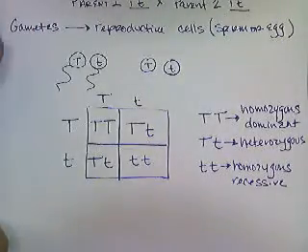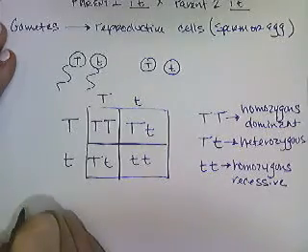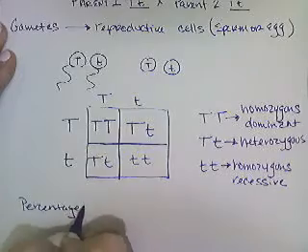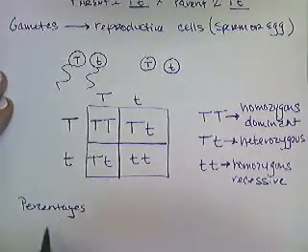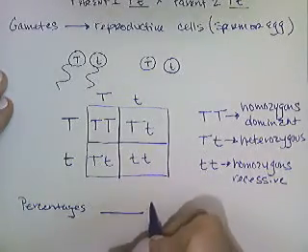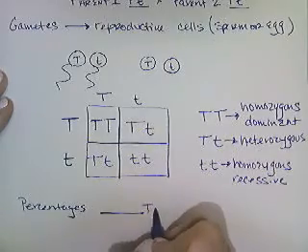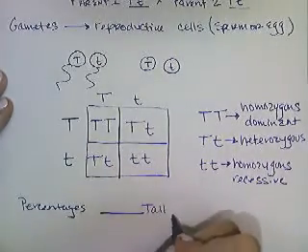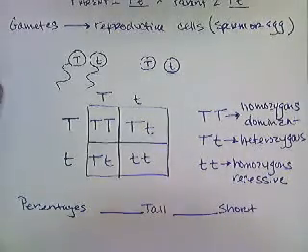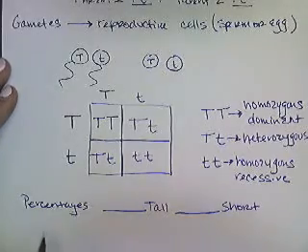So let's take a look at what the results are. You're going to be asked to calculate percentages. In this case, what is the percent tall? What is the percent short? We take the number of outcomes of this cross divided by the possible outcomes, multiplied by 100%.